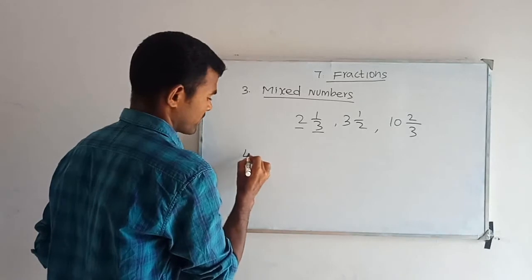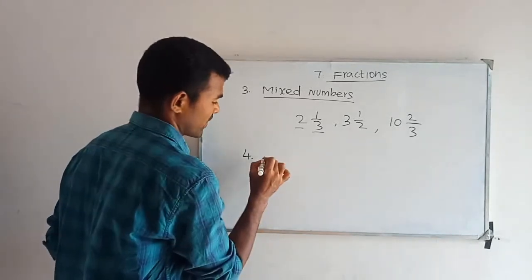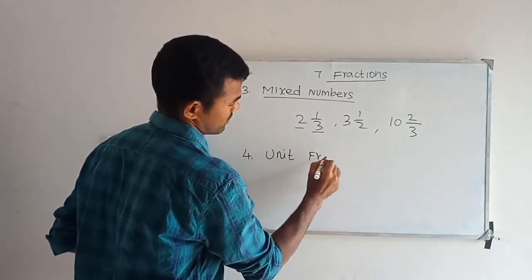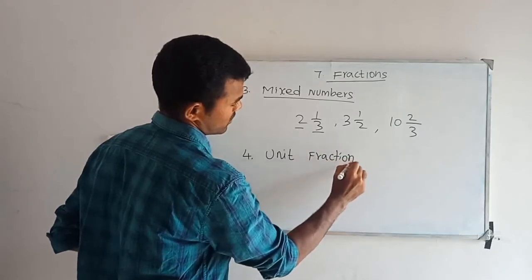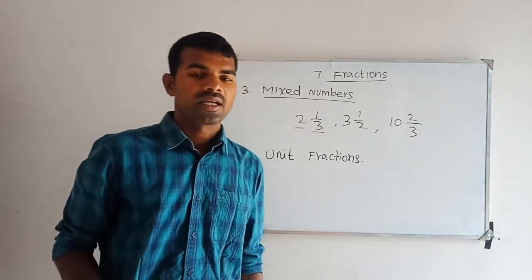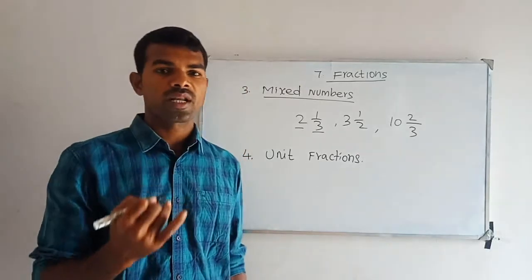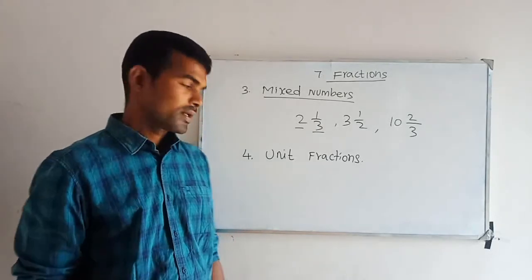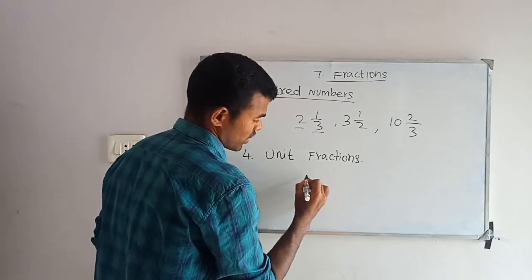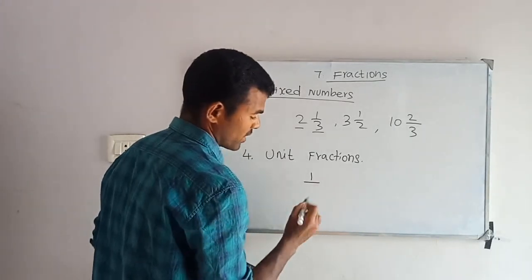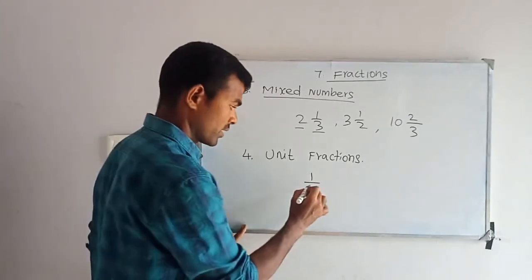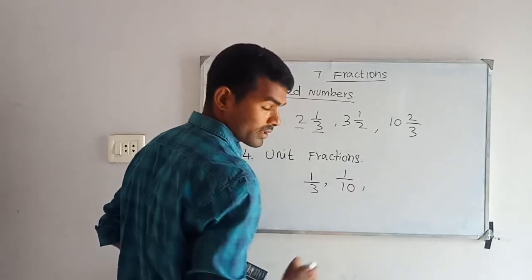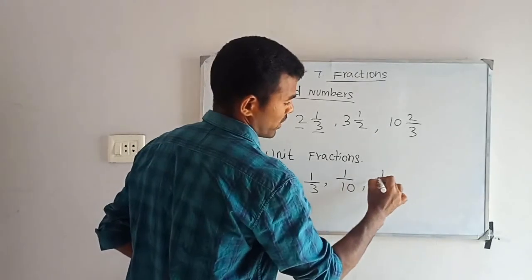And the fourth definition is unit fractions. In a unit fraction, the numerator will be 1 and the denominator will be any number greater than 1.